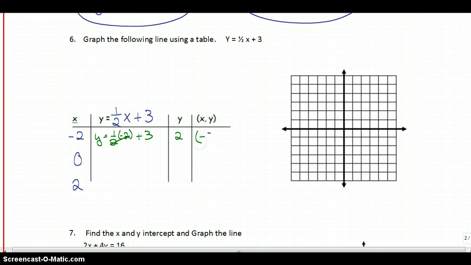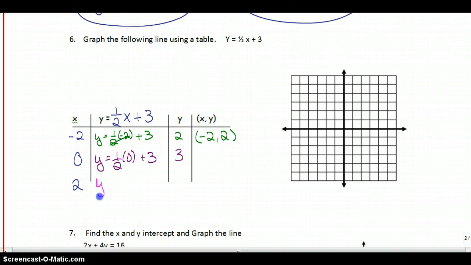So now I have the point negative 2, positive 2. Now I have y is equal to 1/2 times 0 plus 3. I love 0 because 0 is like a magician. 1/2 times 0 disappears. So now I have 0 plus 3 gives me 3.